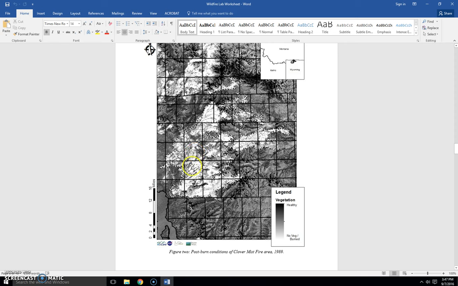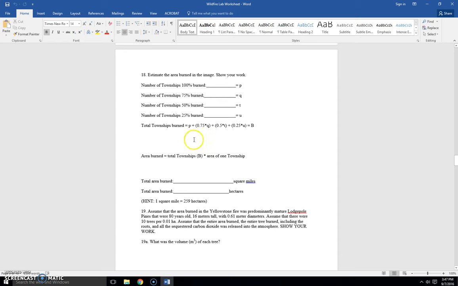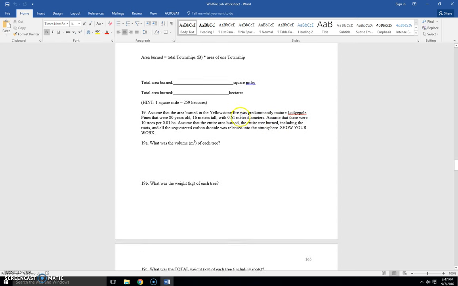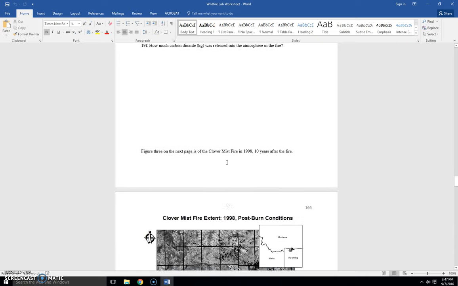And here is 1989 after the Yellowstone burn. Yeah, burned a lot of vegetation. And you can calculate the area burned, which will help with calculating how much carbon was released.